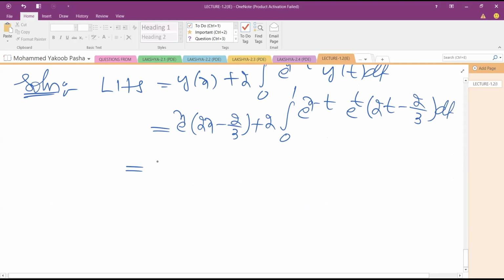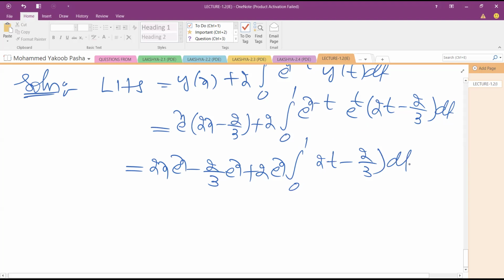The first term is 2x e power x minus 2 by 3 e power x. Here e power x minus t and e power t will cancel. 2 e power x is free from the integration 0 to 1, and the remaining integral is 2t minus 2 by 3 dt.